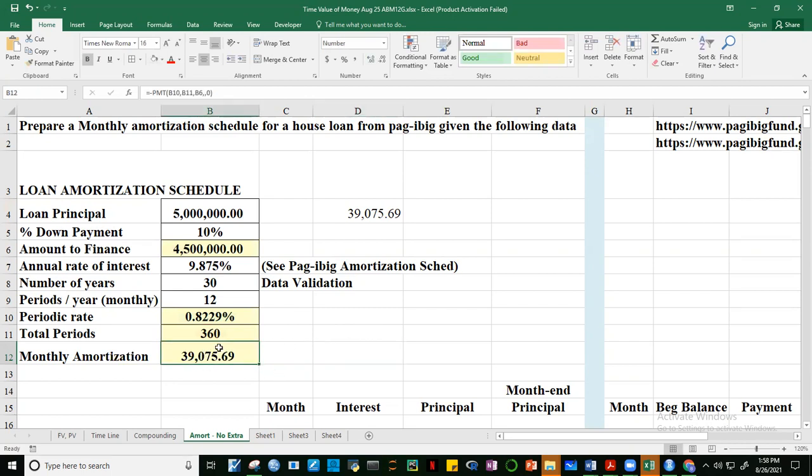39,075.69. Ano na-notice nyo dito, guys? Yes, tama, Sophia, 0.8229. 9.875 divided by 12. Tama, correct. So what do you notice about this amount? 39,075.69. May napansin kayo dito, guys?